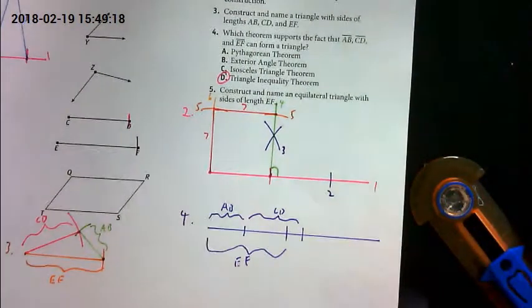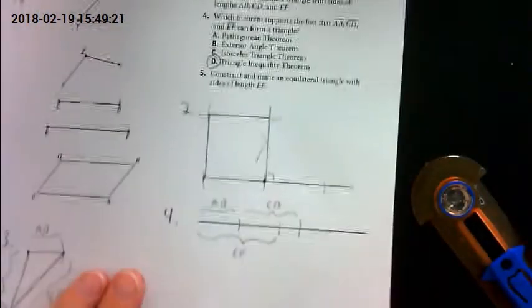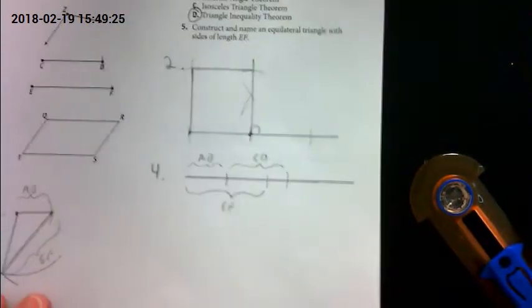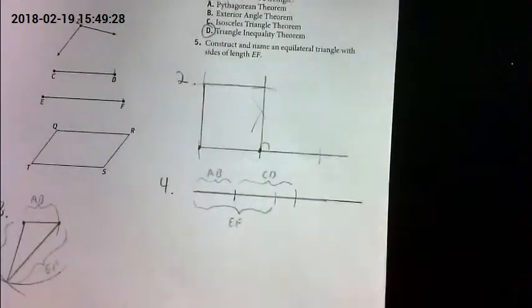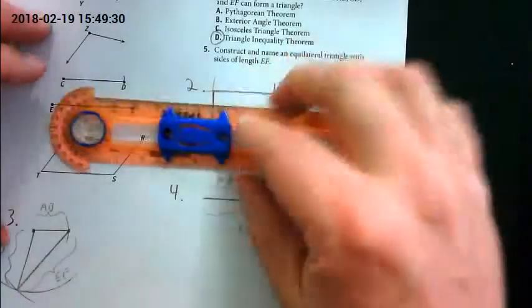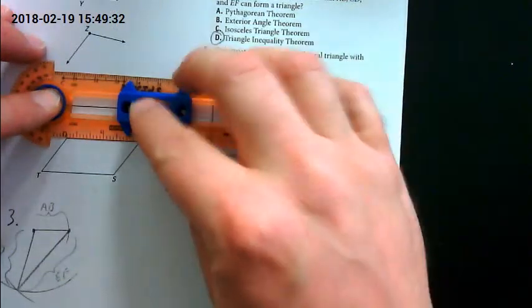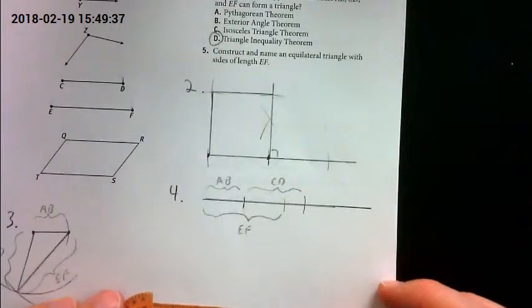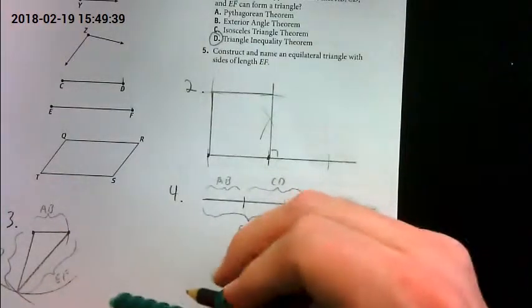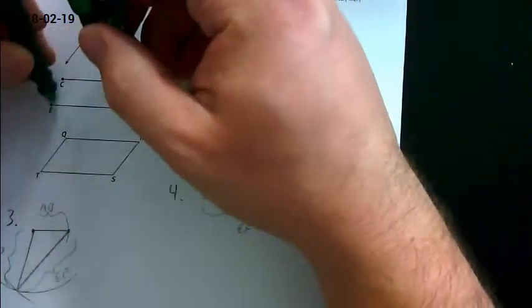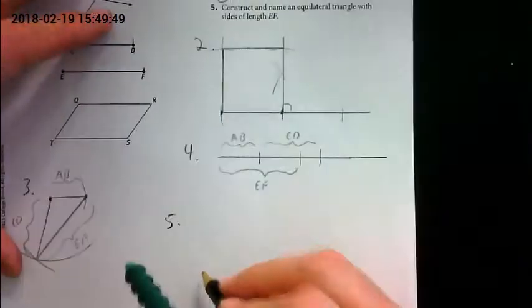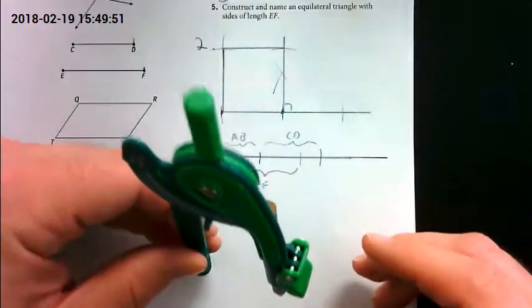All right, and then on the last one, number 5, it said construct and name an equilateral triangle with side lengths of EF. Again, that's the same one that we had on the other worksheet. So go over to EF. You got that. Now, I'm going to do this one slightly different. So on number 5, I'm going to start with the point and swing a big arc.